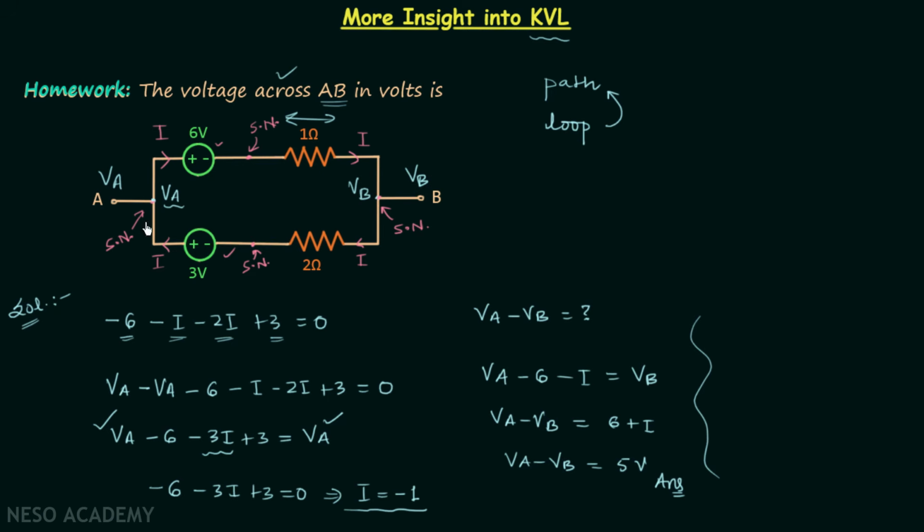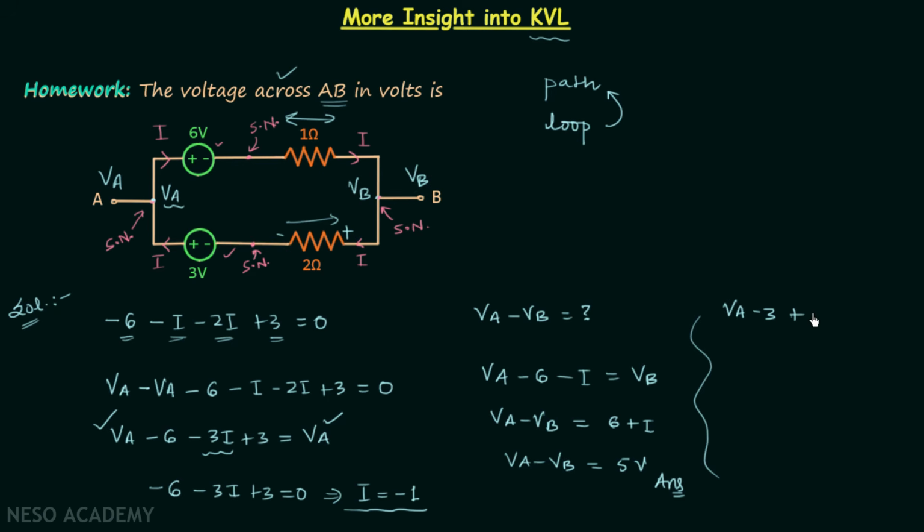So let's start from this point, VA, then we have minus 3. After this we have plus 2 times I, because the direction of current is like this and we are moving in this direction. So we have the voltage drop polarity like this due to this direction of current, and moving in this direction we are facing a rise in potential.